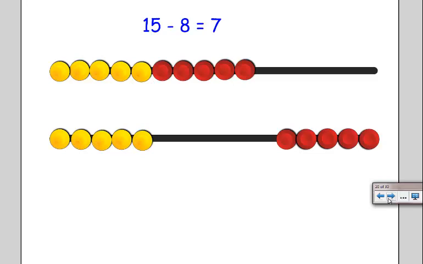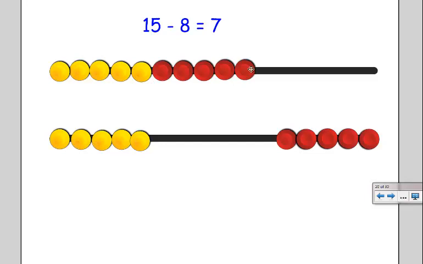So the picture I have for you on my Rekenrek is 15. I've got 10 on top and 5 on the bottom. And what I want to do is take 8 away from that. But if I try and take 8 away from the bottom, I don't have 8 to take away from there. I only have 5, so I can't take 8 away from that. So I need to go to my top, and I'm going to take 8 away from that.